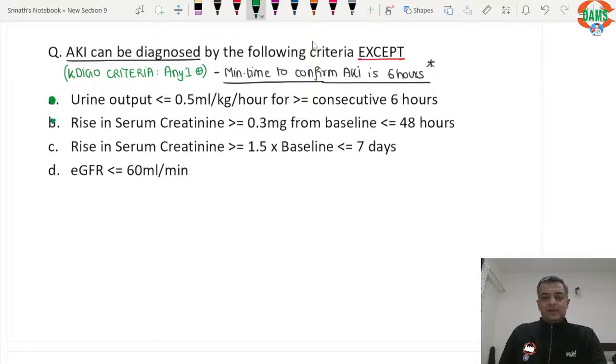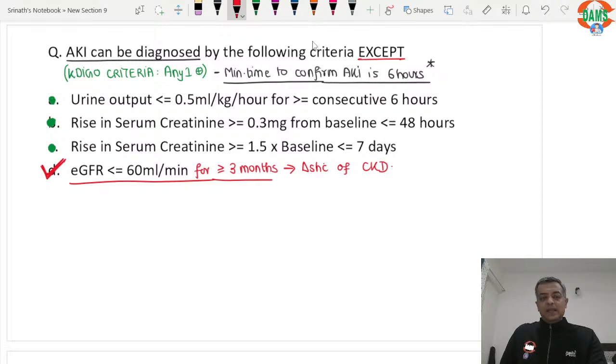A rise in creatinine by more than 0.3 from the baseline within 48 hours, or 1.5 times within 7 days, confirms it is AKI. The exception is eGFR less than 60. eGFR less than 60 ml per minute for more than 3 months is used for the diagnosis of chronic kidney disease.